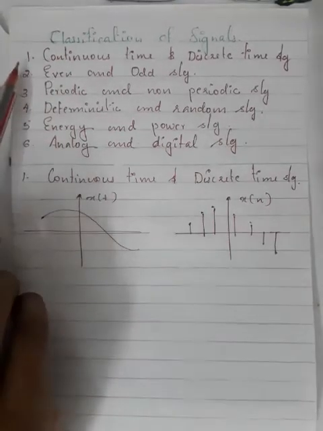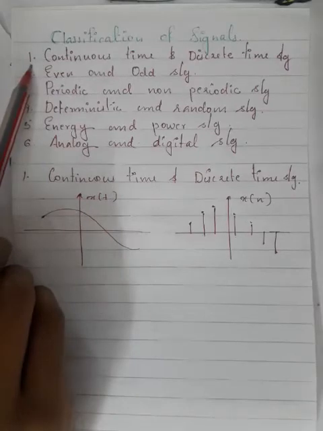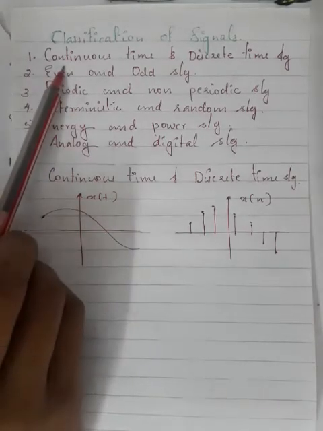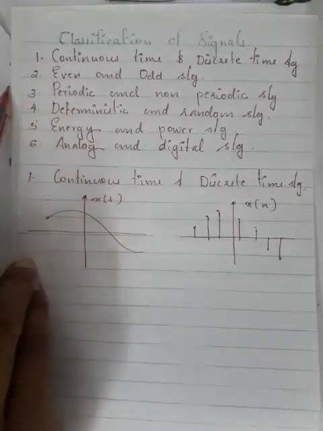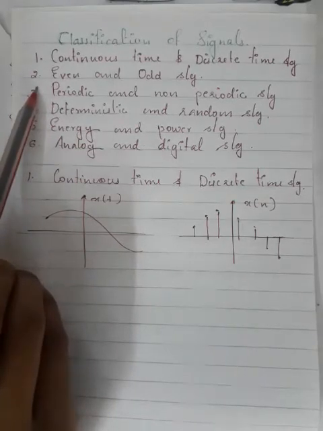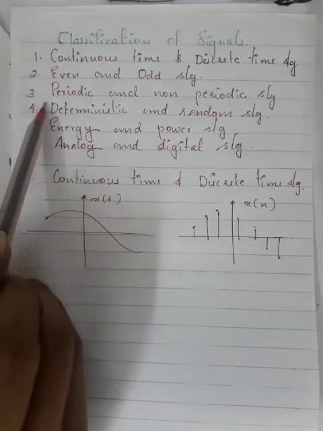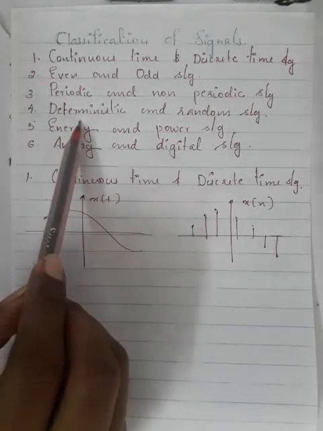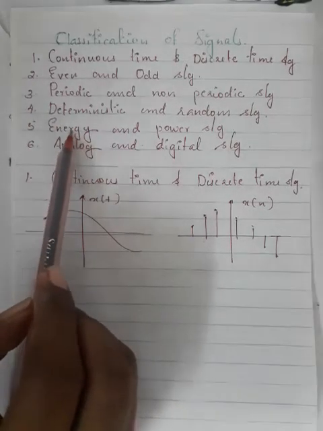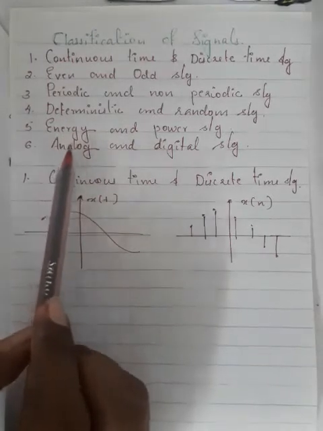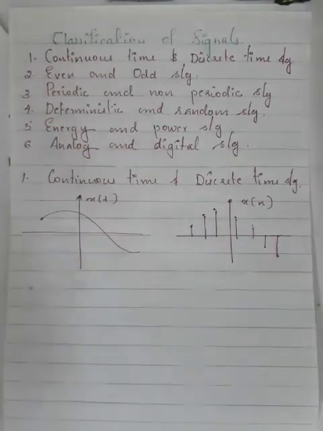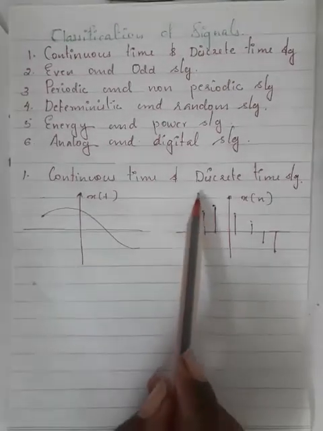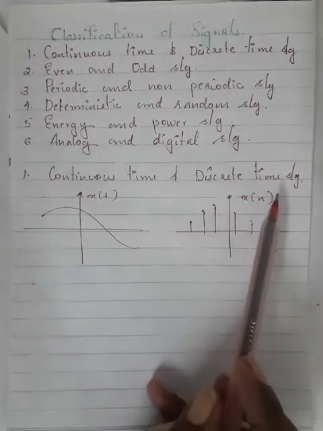The first is continuous time and discrete time signal. The second is even and odd signal, then periodic and non-periodic signal, deterministic and random signal, energy and power signal, and analog and digital signal. First, we can see what is a continuous time signal and what is a discrete time signal.